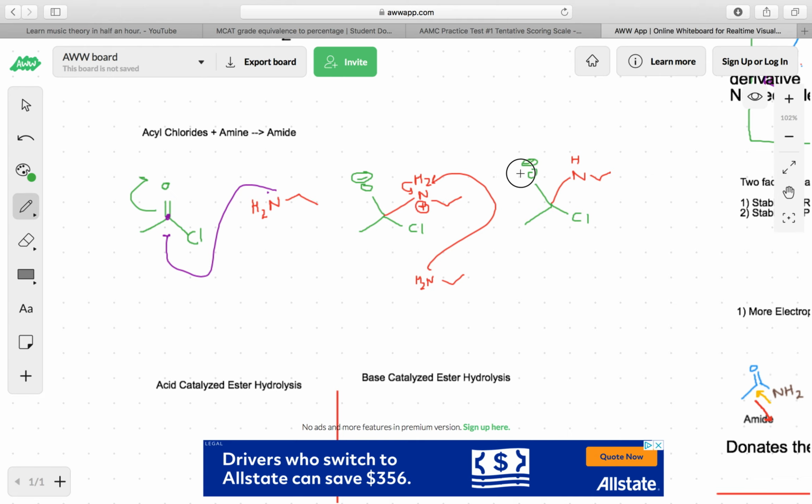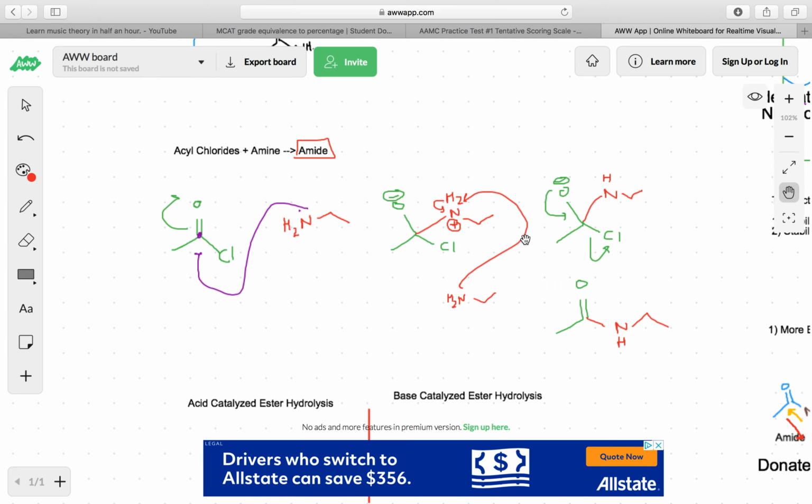And now our O minus can come down, form a pi bond, and kick off our chloride. So we should be left with this. We formed an amide. So it's a pretty simple reaction. Electrophile, nucleophile comes in, deprotonate it, and then you can just do addition and elimination.